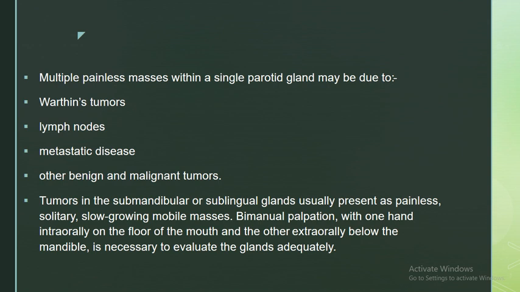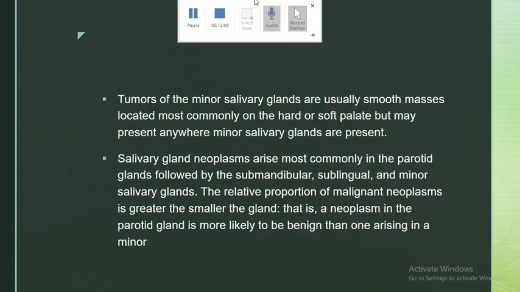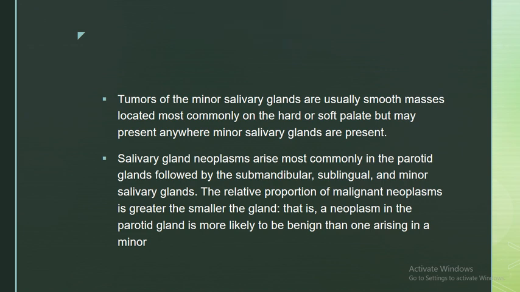It is necessary to evaluate the glands adequately. Tumors of the minor salivary glands are usually smooth masses located most commonly on the hard or soft palate, but may present anywhere the minor salivary glands are present. We said they are scattered all over the oral cavity.